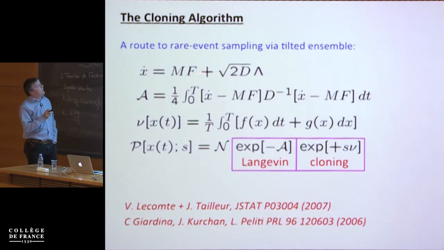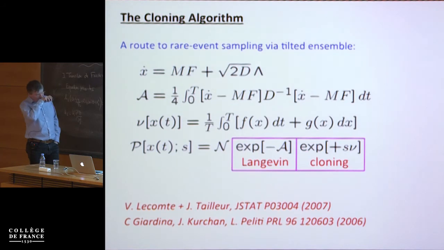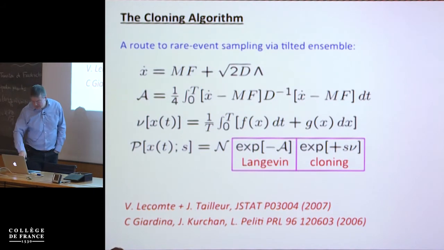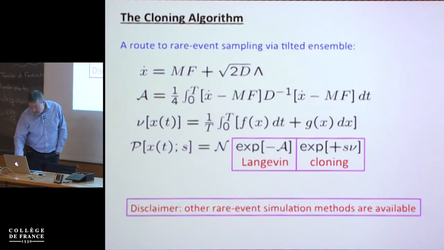So you solve that equation forward in time with white noise here to get this factor, and then you deal with that factor in a separate step in the algorithm where you periodically do something else. This isn't, of course, the only way to simulate rare events or biased processes, but it's the one that makes most sense in this context, I think.